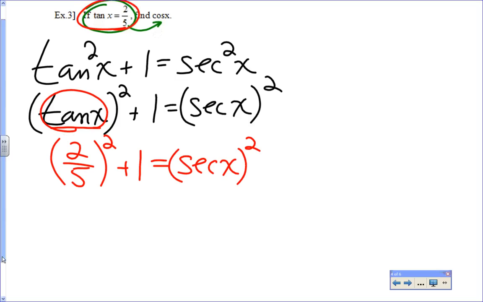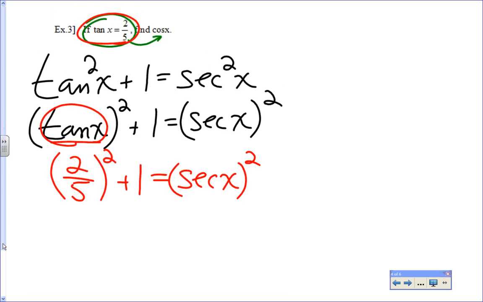But here's the tricky part. Am I being asked to solve for x in this problem? I'm being asked to solve for cosine. So if my eventual goal is cosine, what should I try to get by itself? Wouldn't that be helpful?